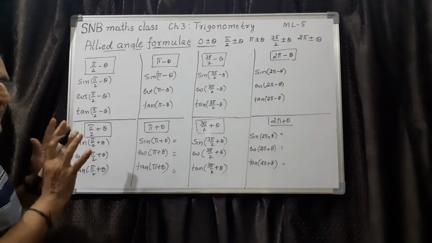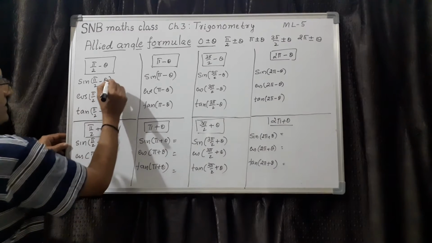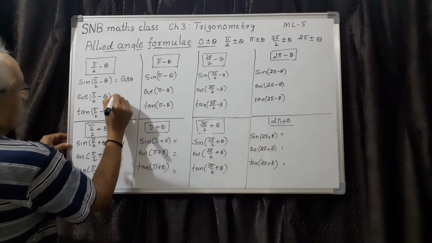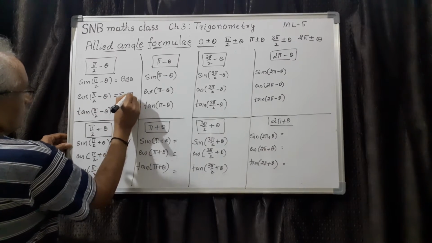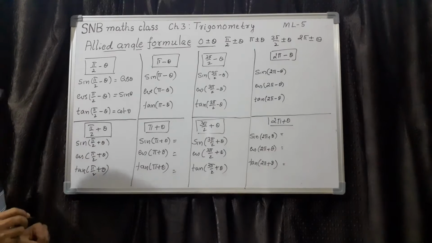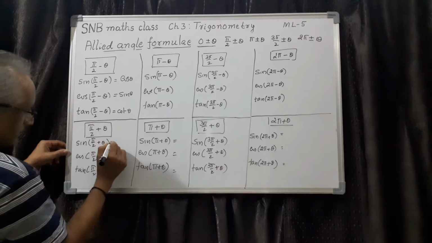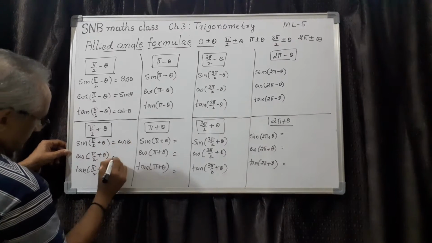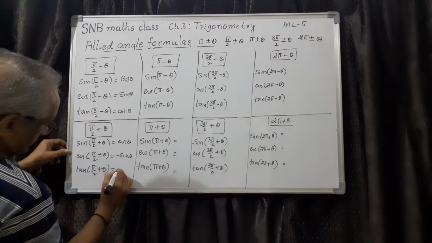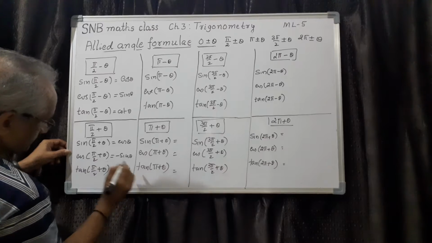Now I will write the answers first. So here it is cos theta, sine theta, cot theta. First set. Here it is cos theta, minus sine theta, minus cot theta.